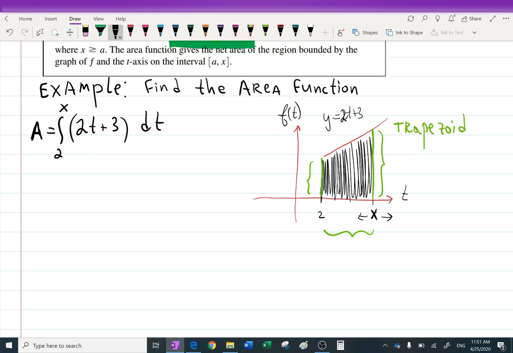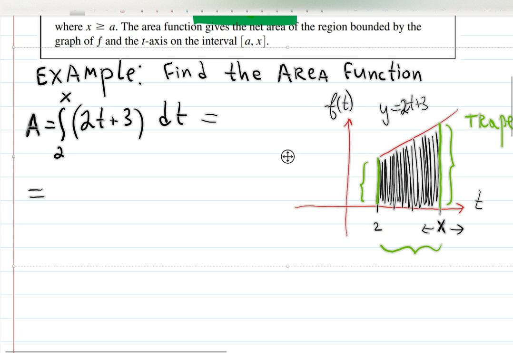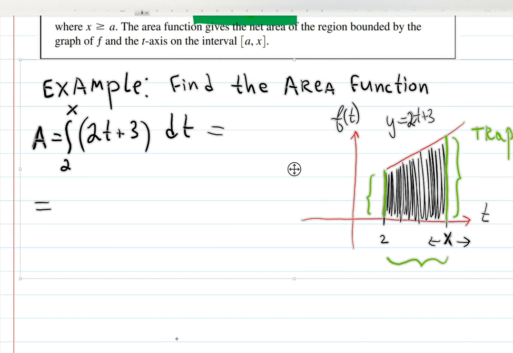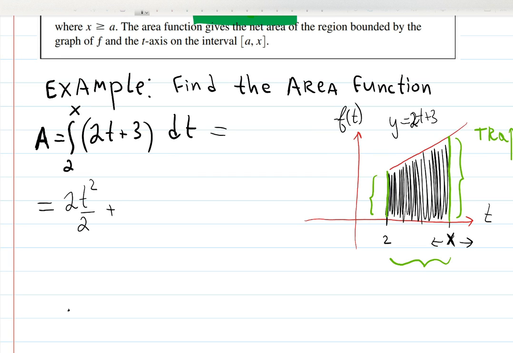Or if you already watched the video with the fundamental theorem of calculus part 2, then you know what to do. You find the antiderivative of 2t plus 3. The antiderivative of 2t plus 3 will be 2t squared over 2 plus 3t.